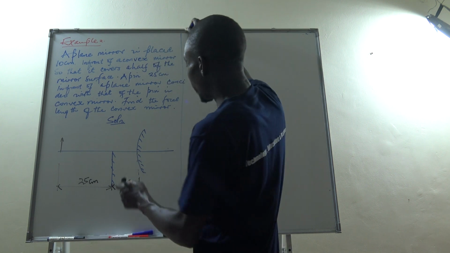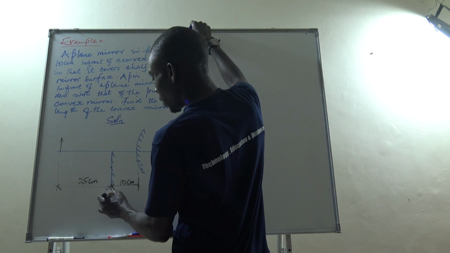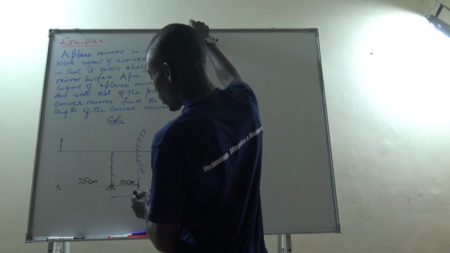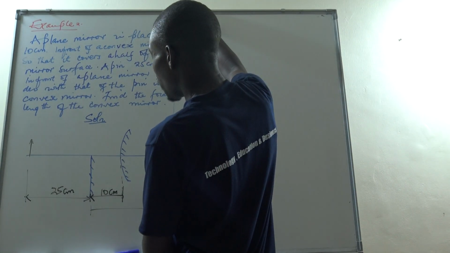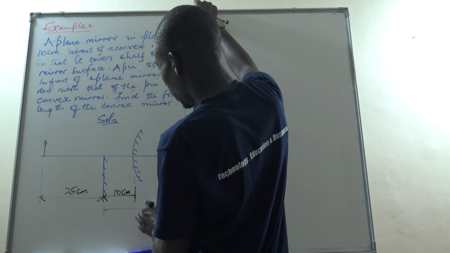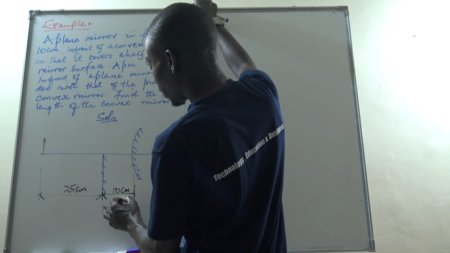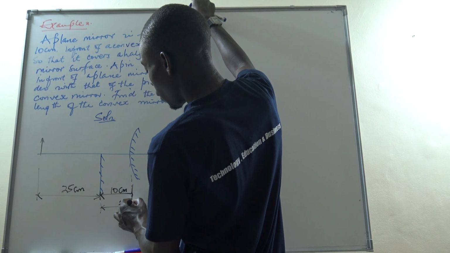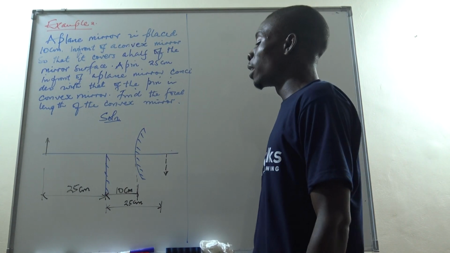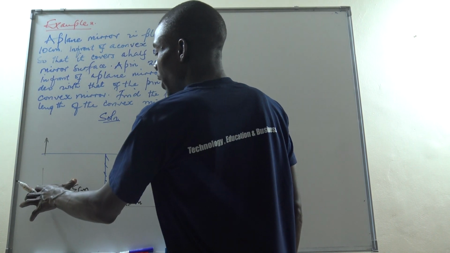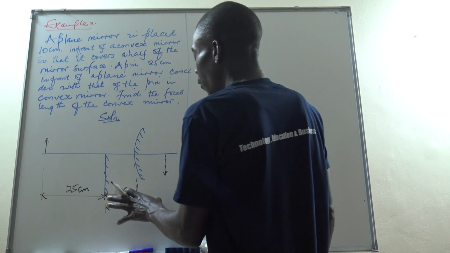But when they are coinciding, this distance here, assuming it is going to be here, this is the image due to the plane mirror, it should also be at 25. Because we said that in a plane mirror, the object distance is the same as the image distance. So if this is the object distance, the image also should be 25 behind.